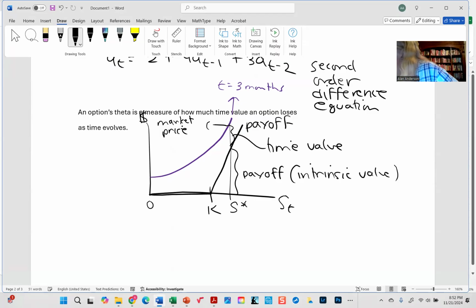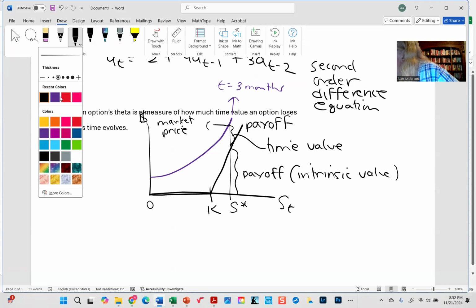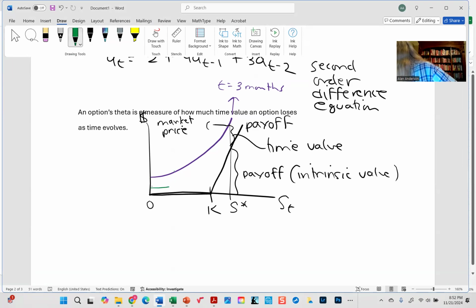Say it's now 1 month from the maturity date. And you can see that if the stock price hasn't changed, the price is shrinking, because it's not the payoff that's changing, it's the time value that's shrinking.